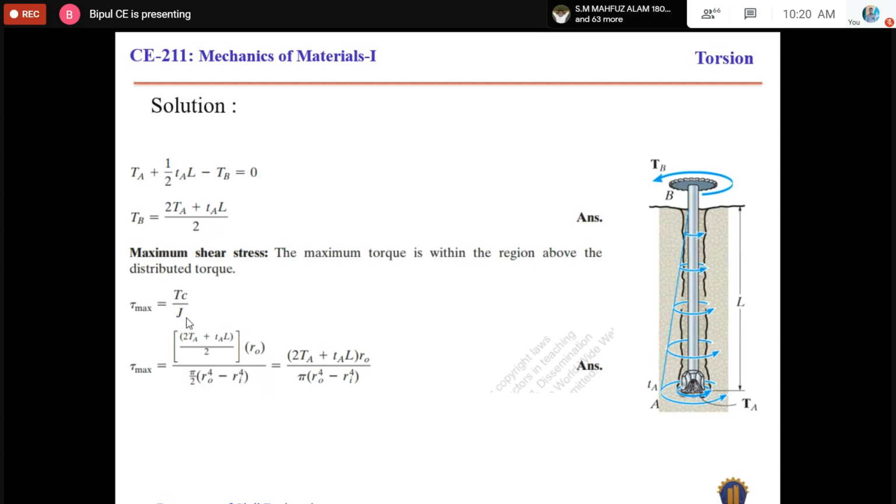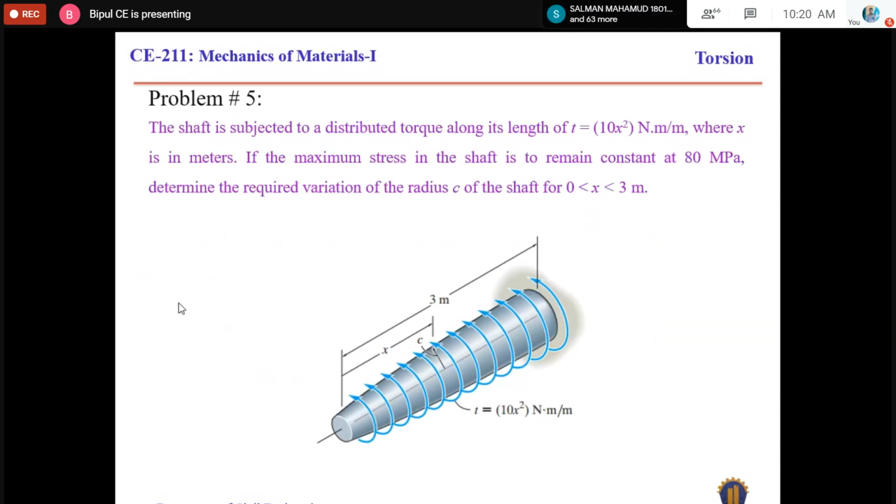For a solid shaft, C will be the radius of the shaft, and J is constant. So again, the maximum shear stress depends on the maximum value of torsion, the maximum value of torsional force.